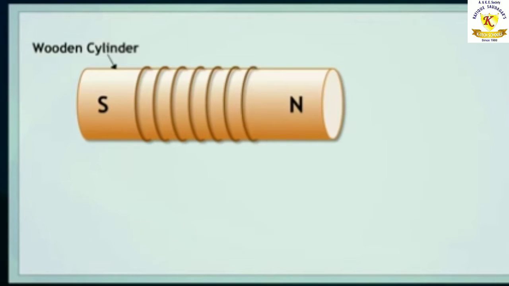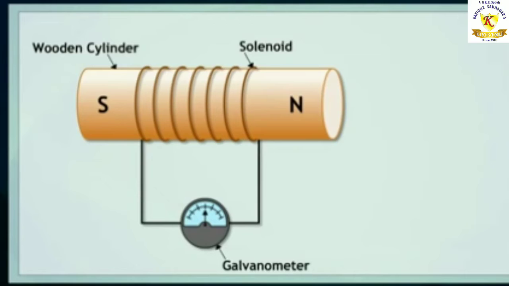Wind an insulated copper wire on a paper or a wooden cylinder so as to form a coil in the form of a solenoid. Connect the two ends of the coil to a galvanometer and place a magnet close to it.